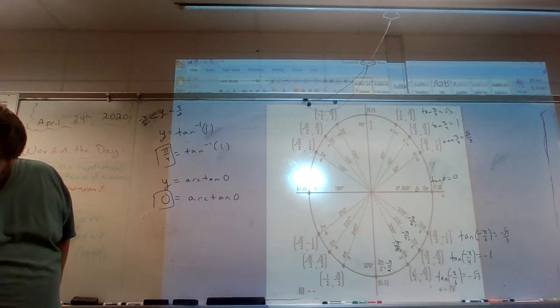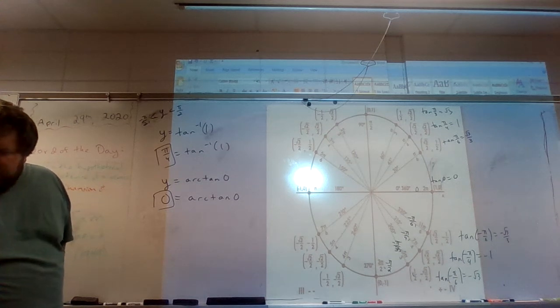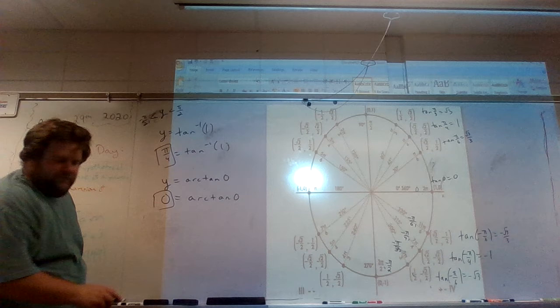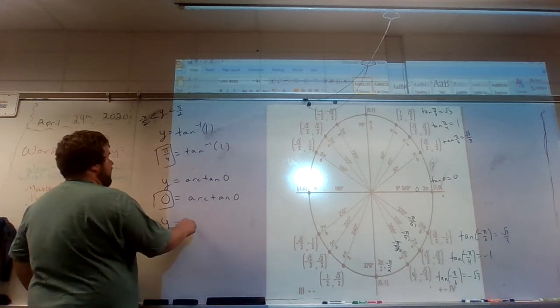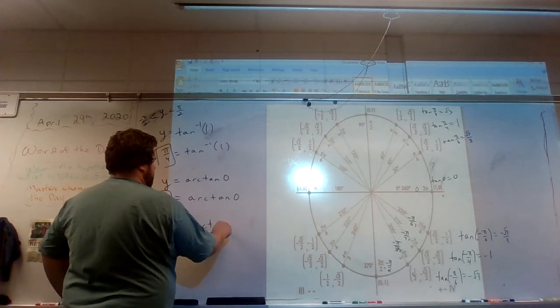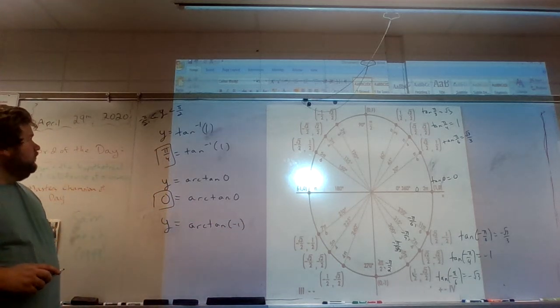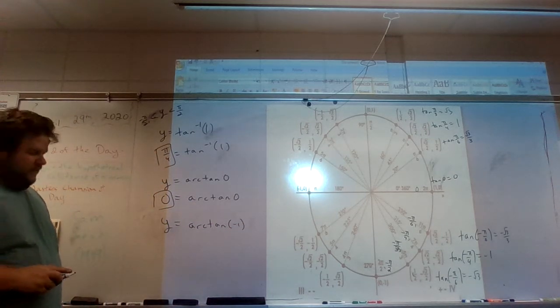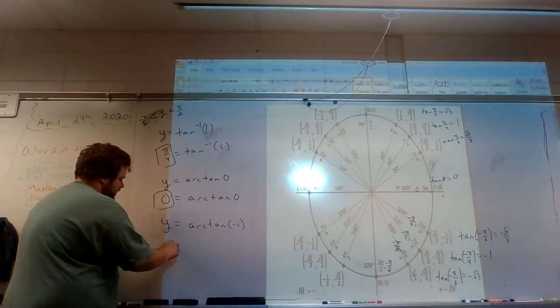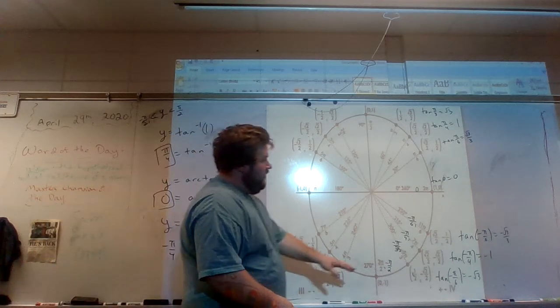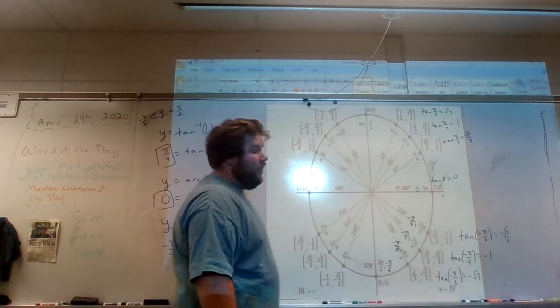And, okay, one more here. I'll have you try this one. What is the arctangent of negative 1? Yeah, it's going to be negative pi over 4, right? So the angle that gives a tangent of negative 1 is negative pi over 4.